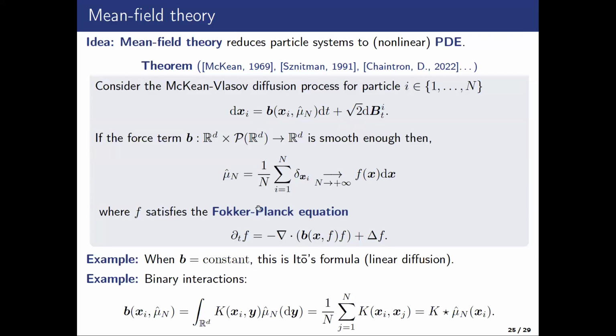And the statistical physics description is given by a Fokker-Planck equation that you can derive from that huge system of stochastic differential equations. When there is no interaction, it's just the Ito formula, which is the first thing you see in a stochastic analysis textbook. And if there are binary interactions, then you get another type of equation, in particular the granular media equation, but here it doesn't matter so much.